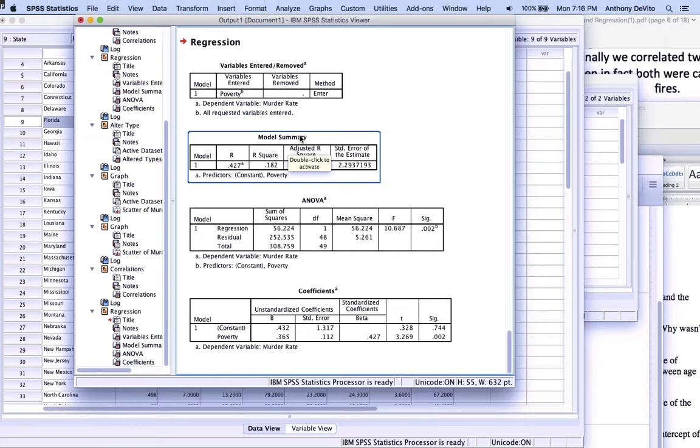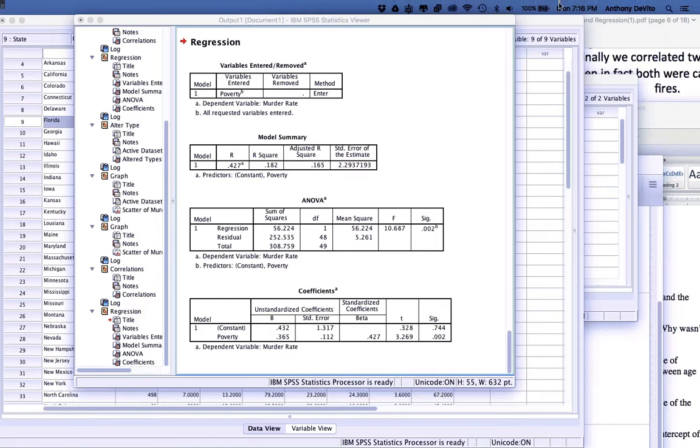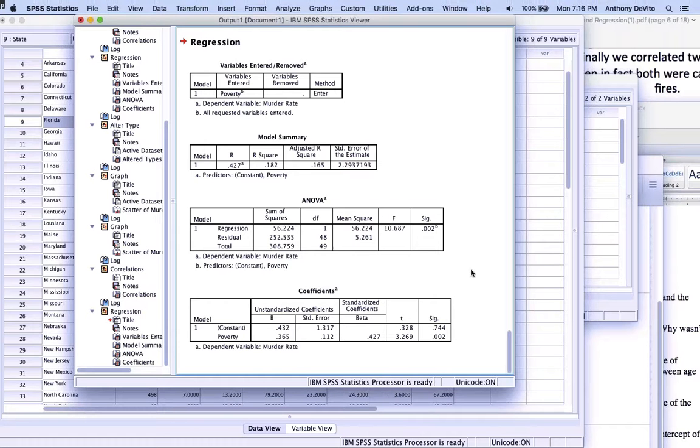But most of the variability has other reasons for it as well. Could be that some states are open carry states and they decide to have conventions in them. Who knows what the reason could be? Could be a lot of reasons for it, right? But we're not analyzing that. We're only analyzing these two variables.